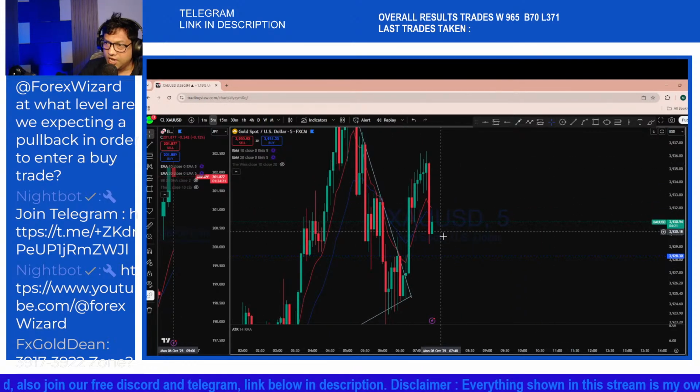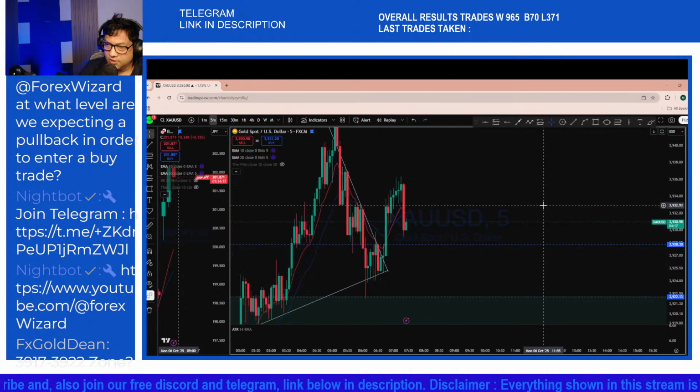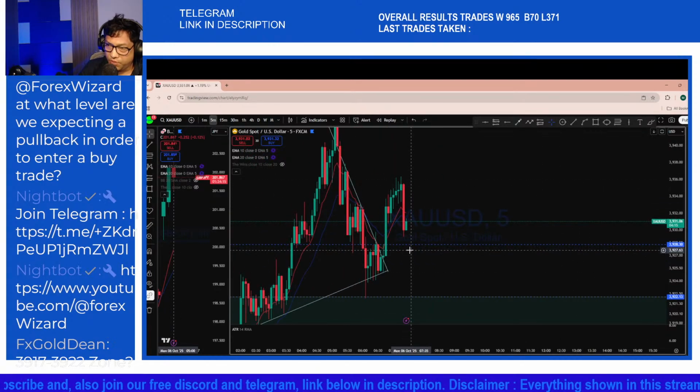We're going to see a bounce of that level. And if you look here, you can see it's a complete breakdown in that area.